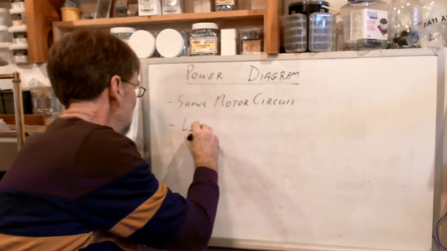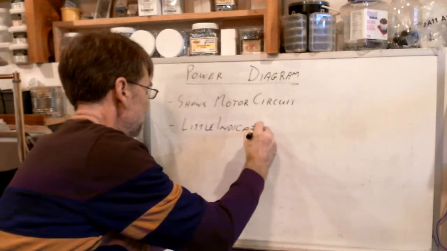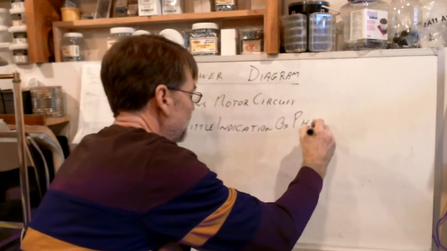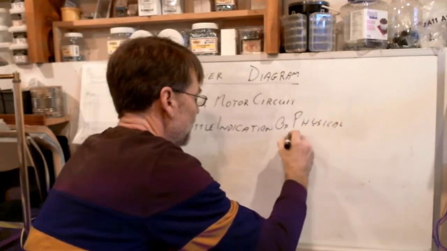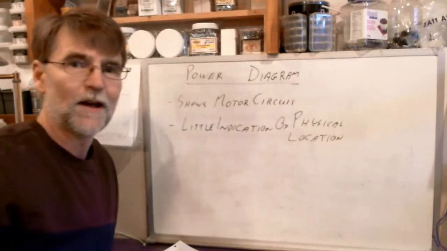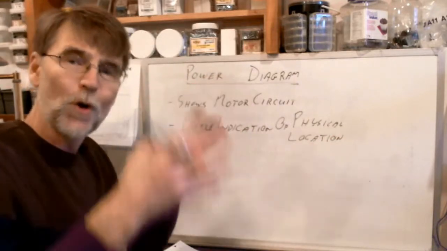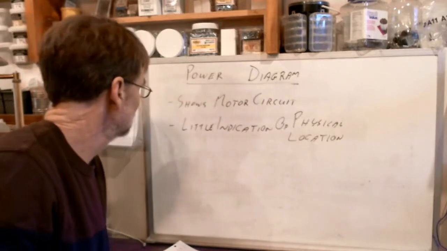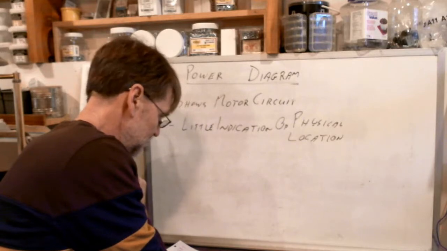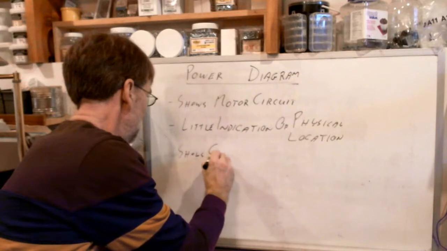There is little indication of physical location. So again, like the ladder diagram, we're not too concerned about where things actually are. We just want to know how they are connected together. So it shows circuit.